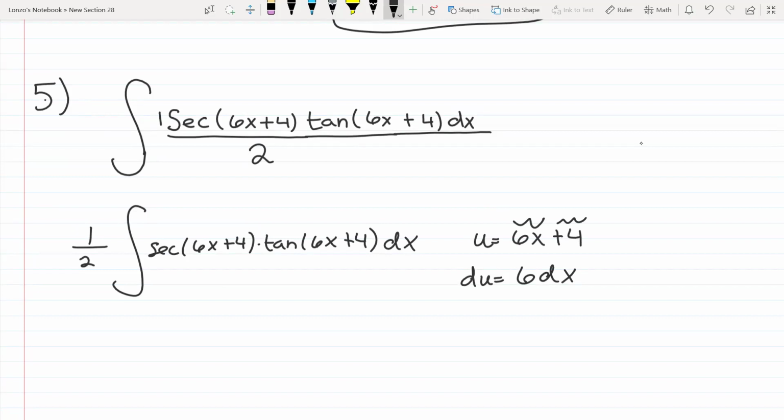Thing is, I don't see a 6 anywhere here, so I have to get rid of the 6. To do so, I'm going to multiply both sides by the reciprocal of 6, which is 1/6. This is 1/6 du. And on the right, 6 times 1/6 is just 1, or dx.